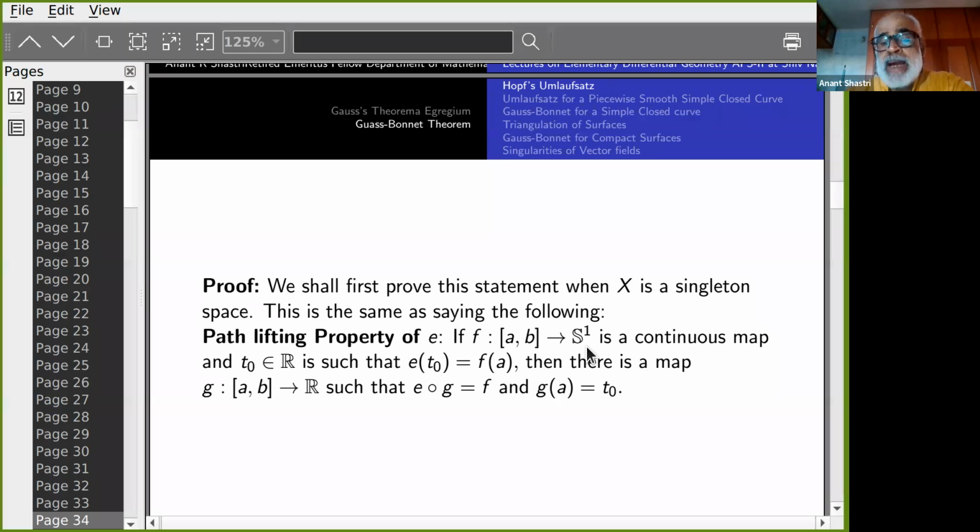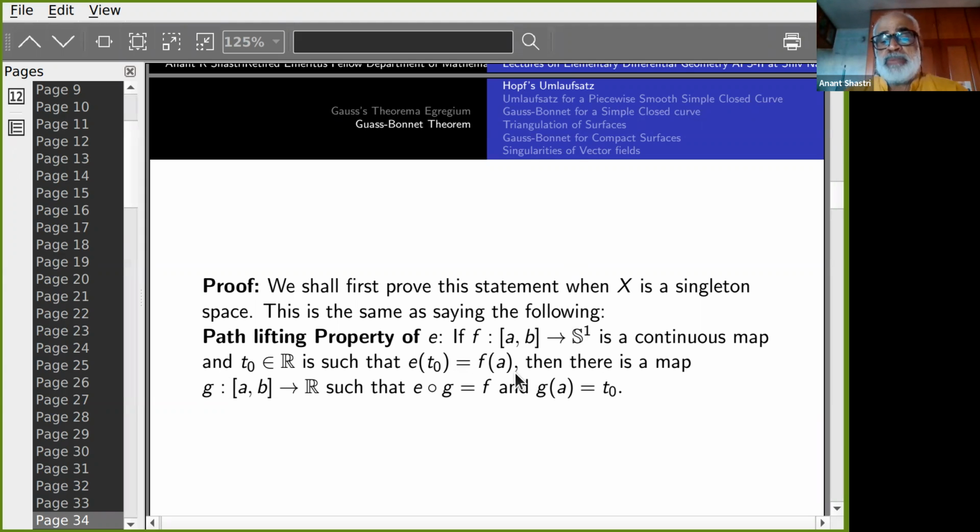I have looked at f of a here, and I have picked up some point in R which will be mapped to that point f(a) by E. Remember, E of t0 is just e raised to 2 pi i t0 equal to f(a). One single point you can write because it is a point of S1.